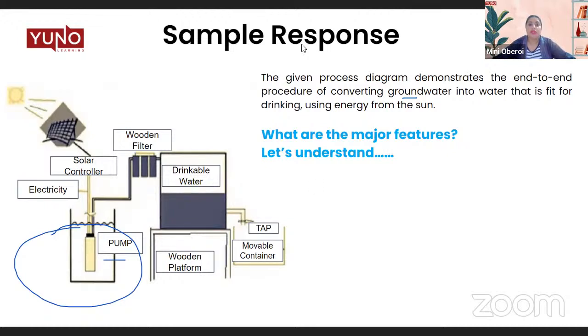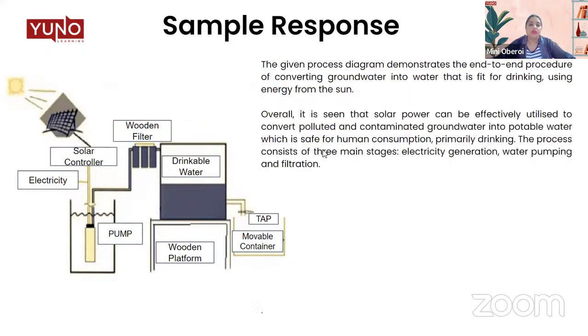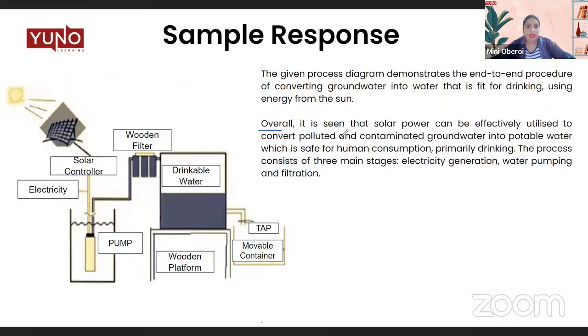After this, what is the striking feature? What should we put in the overview? When we write the overview, we try to give the step-by-step process. So overall, it is seen that solar power can be effectively utilized to convert polluted and contaminated groundwater into potable water, which is safe for human consumption, primarily drinking.